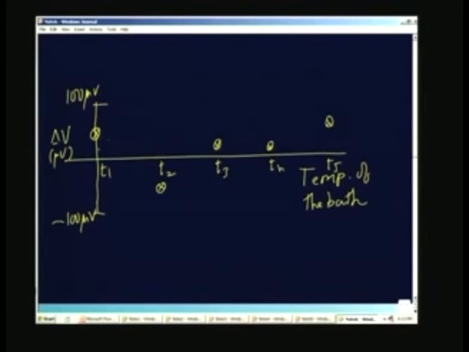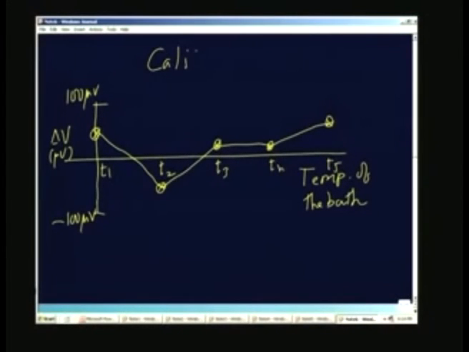So, I can roughly say that the difference between the two thermocouples is such that the error variation with respect to temperature is given by a curve like this. So, this can be used as a calibration device, because I can add or subtract, as the case may be, the voltage indicated here as a correction.